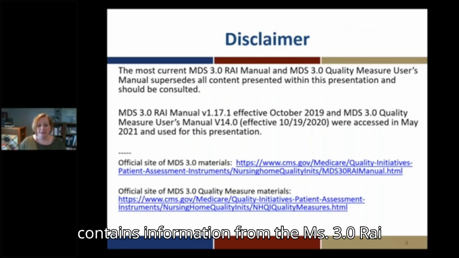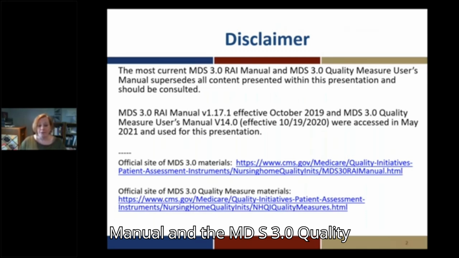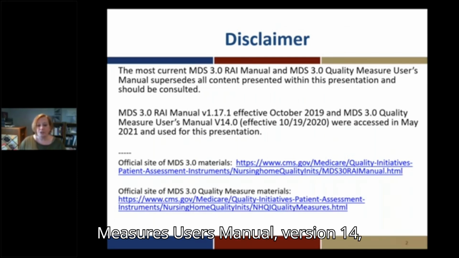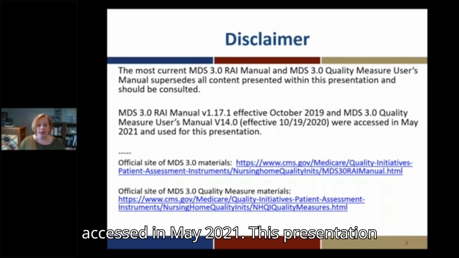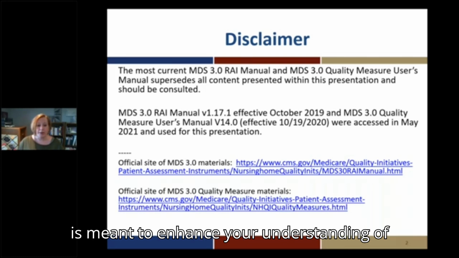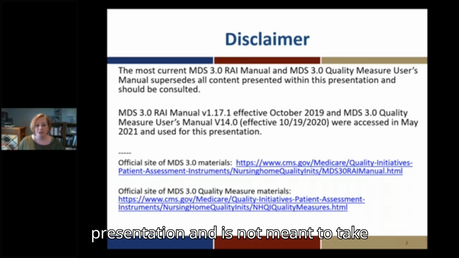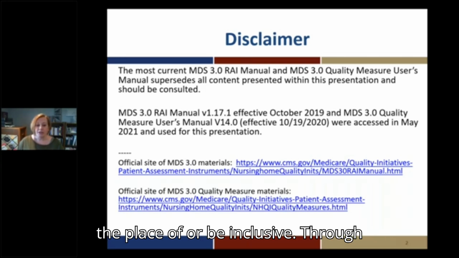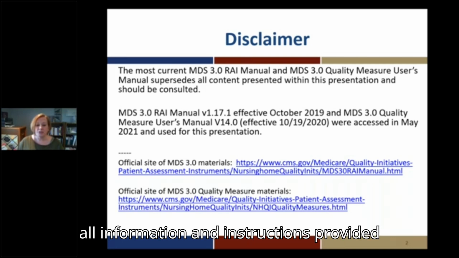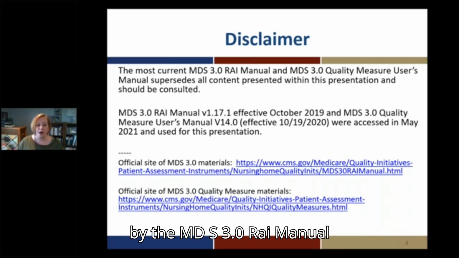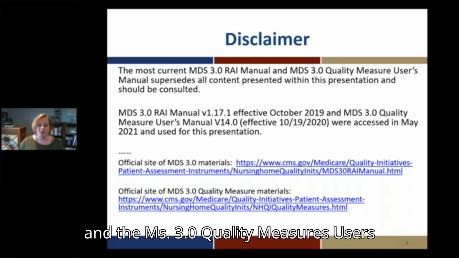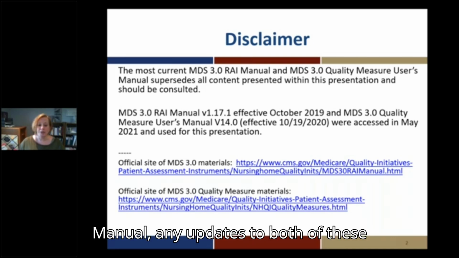This presentation contains information from the MDS 3.0 RAI manual and the MDS 3.0 Quality Measures Users Manual version 14, accessed in May 2021. This presentation is meant to enhance your understanding of the quality measures discussed during the presentation and is not meant to take the place of or be inclusive of all information and instructions provided by the MDS 3.0 RAI manual and the MDS 3.0 Quality Measures Users Manual.